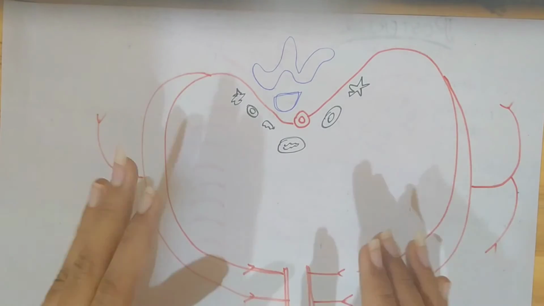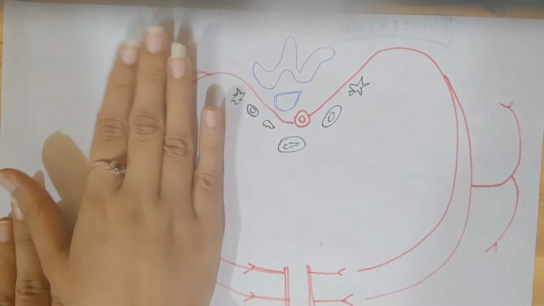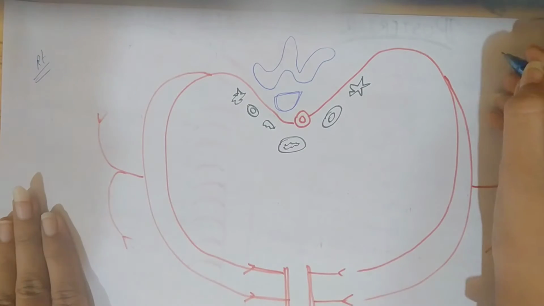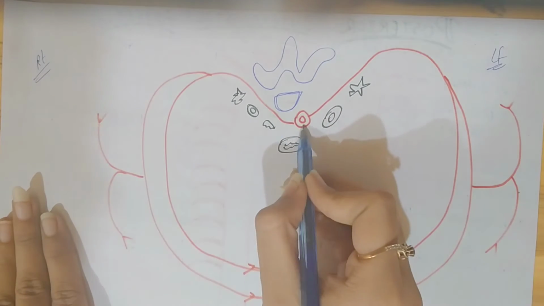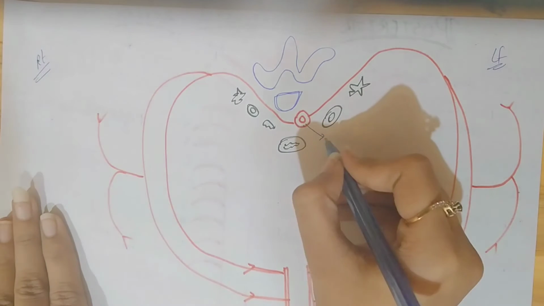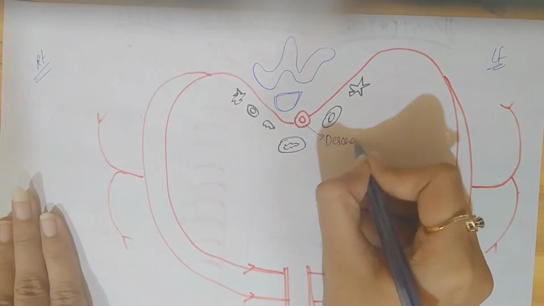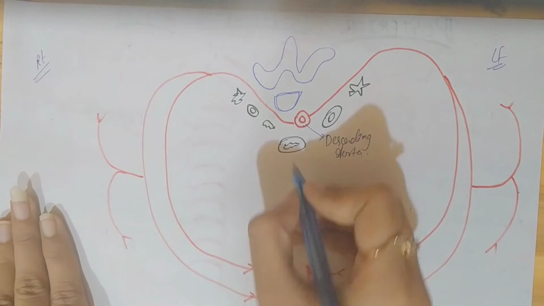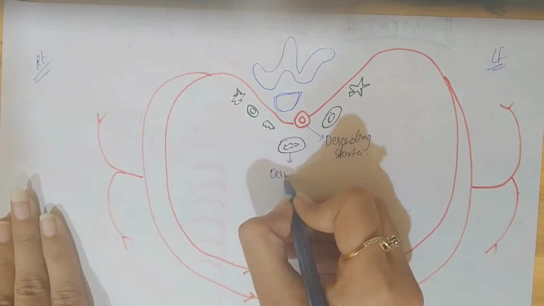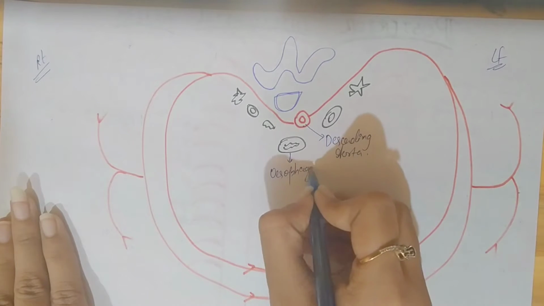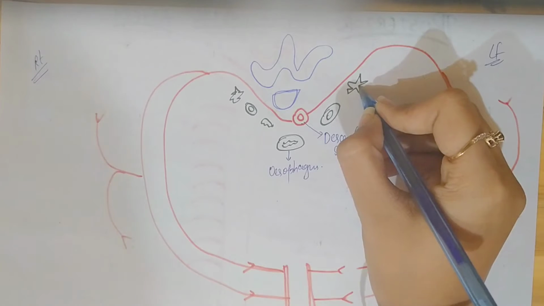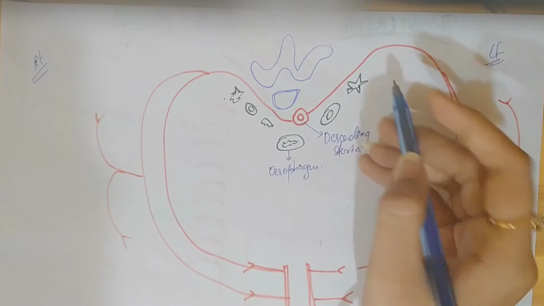Now in this diagram we have this right side and this one as the left side. As you can see, this is the descending aorta. Then this is the oesophagus, right? Then as you can see, these two stars here are the sympathetic chain.